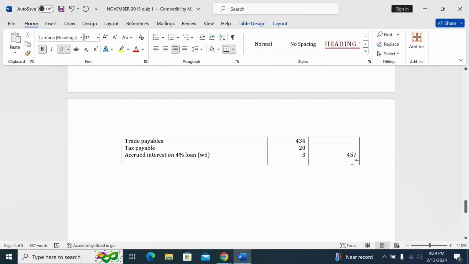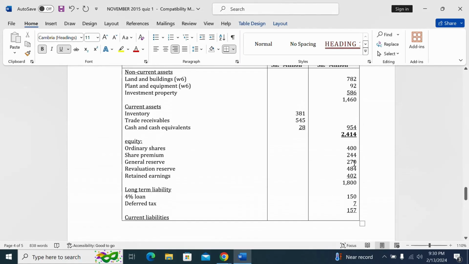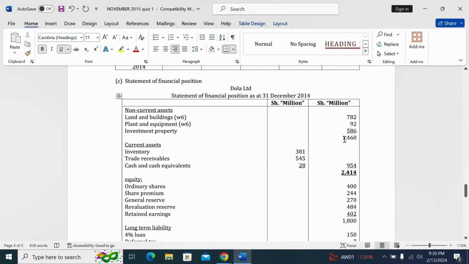And we are getting 2414. And as you can see, our equity and liabilities have balanced with our asset. Therefore, our statement of financial position has balanced.